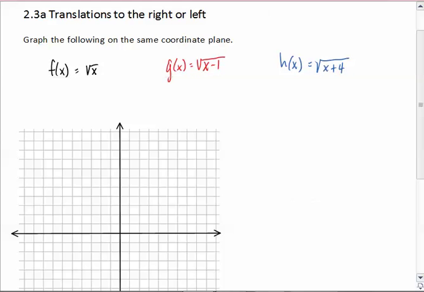And let's just say, for instance, I have this. Let's take a familiar graph, like a parabola, f of x equals x squared.